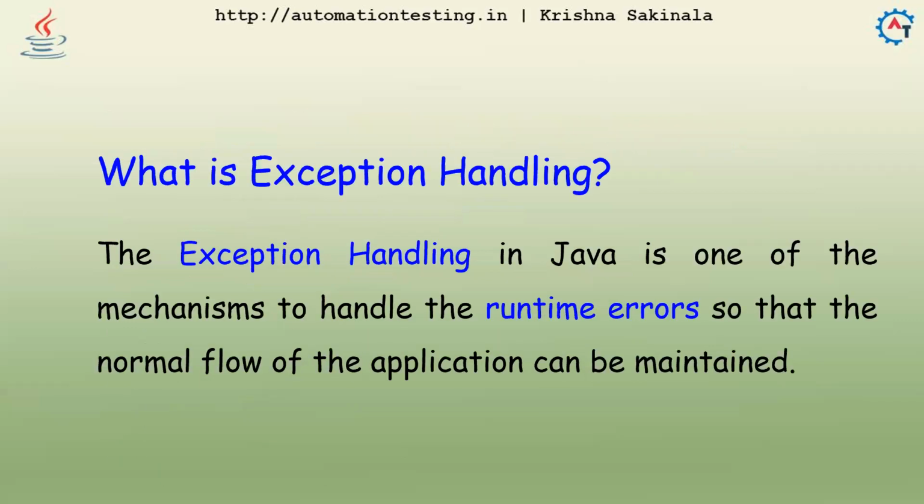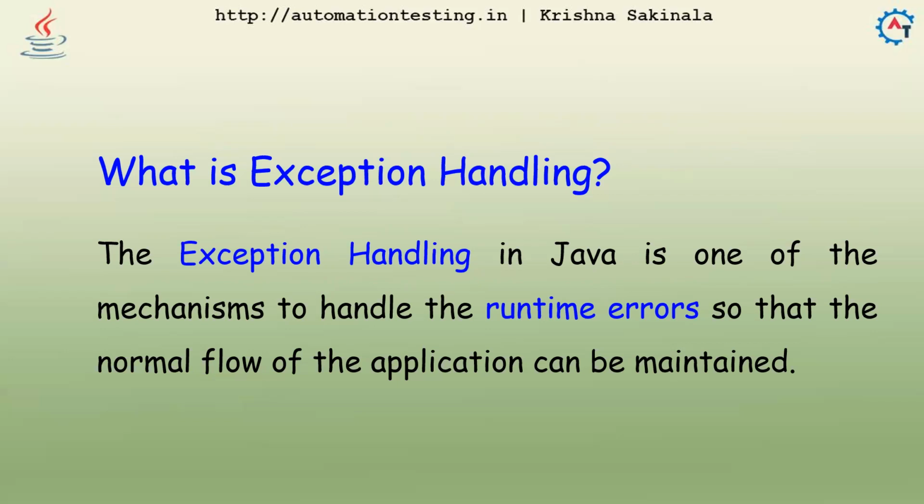Okay. So now, what is exception handling? Till now we have seen what an exception is. An exception is something that disrupts your normal flow. But what is exception handling? Exception handling in Java is one of the mechanisms to handle runtime errors so that the normal flow of the application can be maintained.